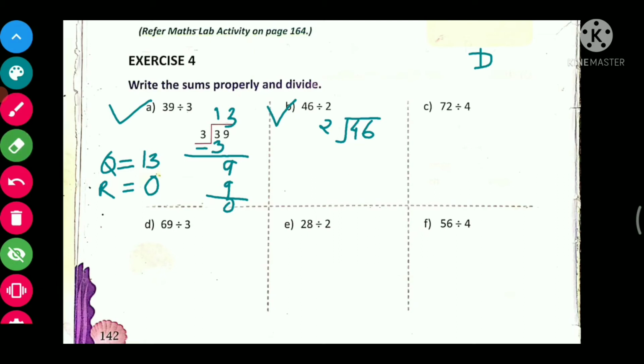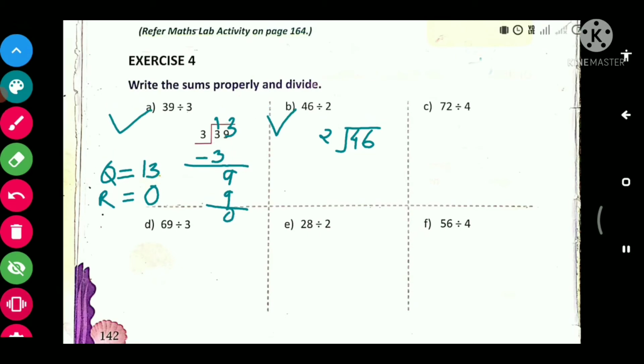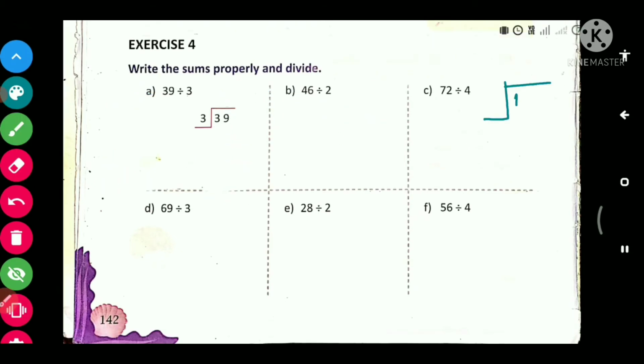Suppose 13 is there and we have to divide this 13 by 2. Now we'll see the tens place value. It is 1, right? And here it is 2.